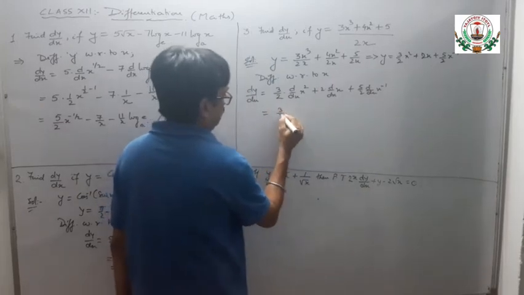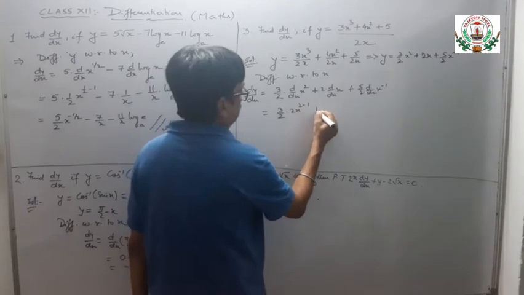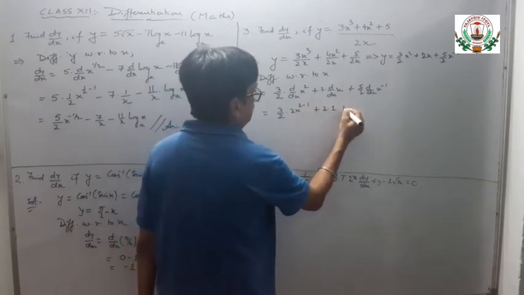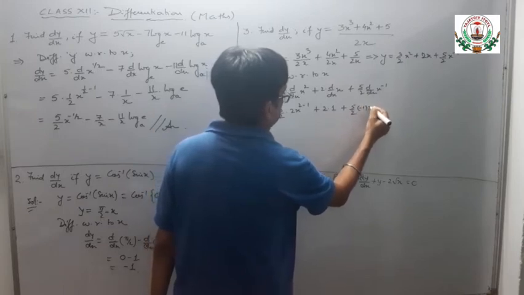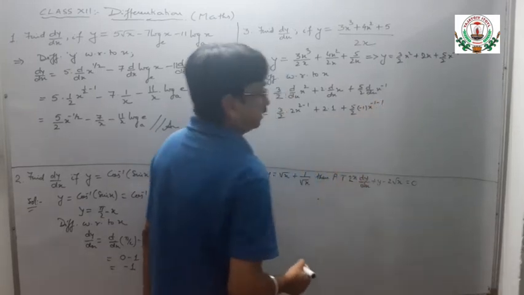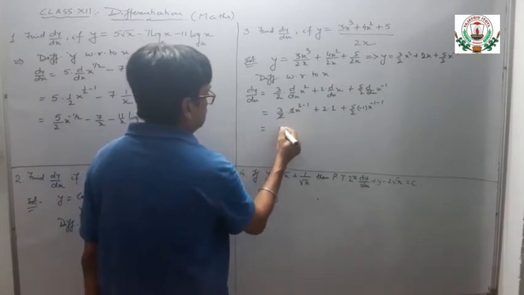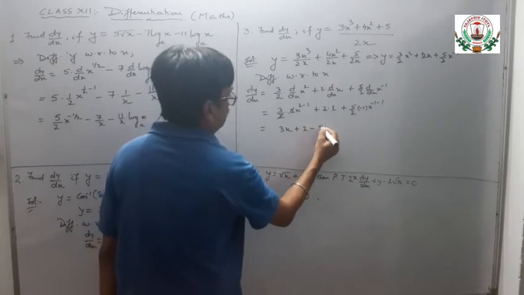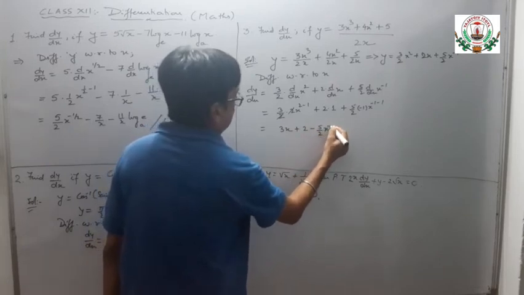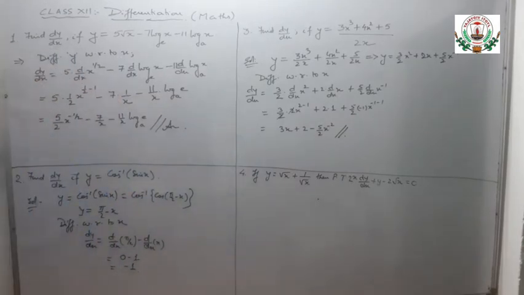So 3 by 2 into 2x to the power 2 minus 1, plus d by dx of x is 1, plus 5 by 2 into minus 1 x to the power minus 1 minus 1, as d by dx of x to the power n is n x to the power n minus 1. So it becomes, 2 and 2 cancel, 3x plus 2 minus 5 by 2 x to the power minus 2. So that is our differentiation of the given function.